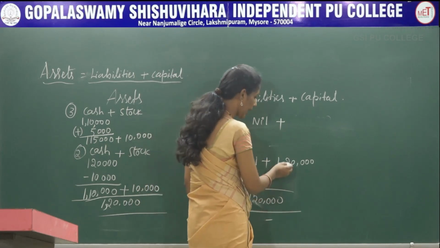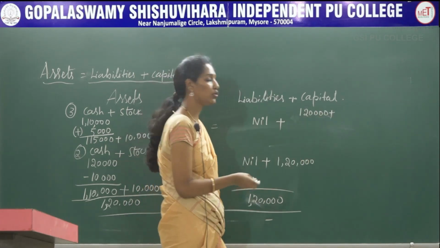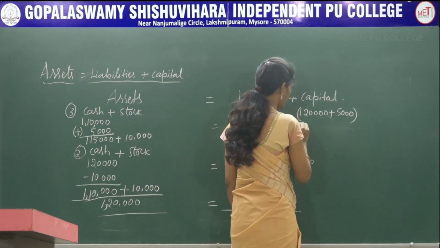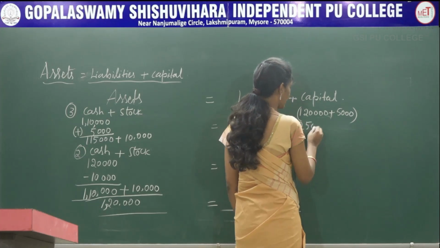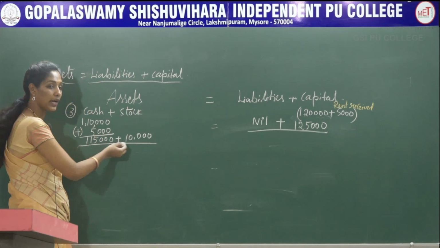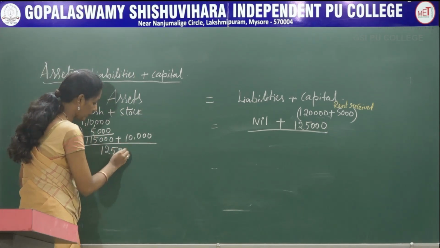And what is the capital amount? That is 1,20,000. Add the amount of rent received, that is rupees 5,000. You will get 1,25,000. So now add both the assets together, 1,15,000 plus 10,000, 1,25,000.